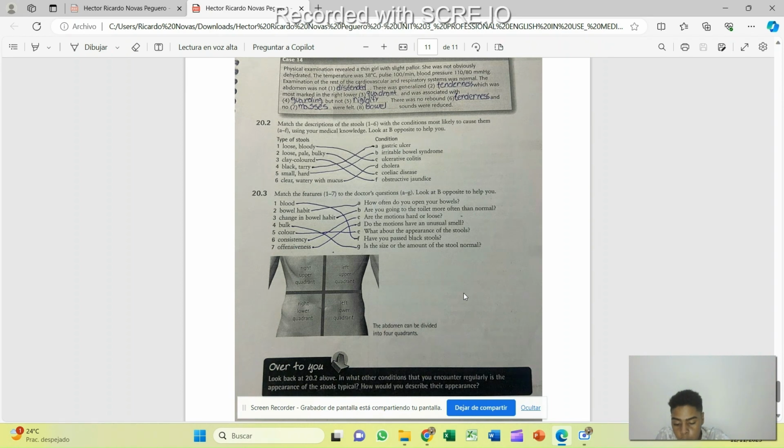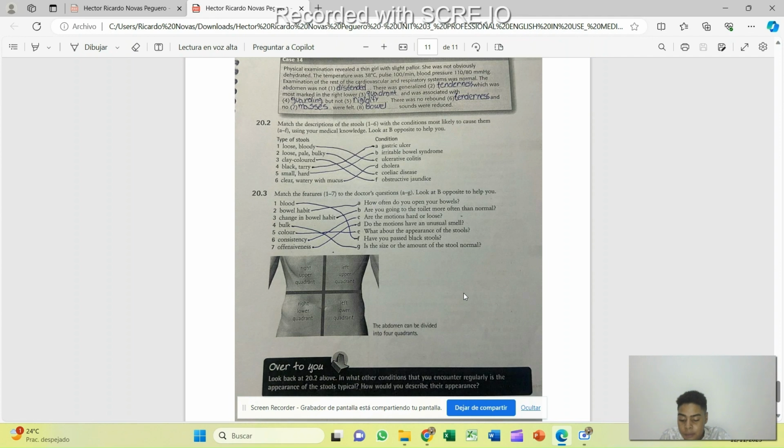Loose, bloody: C, ulcerative colitis. 2. Loose, bulky: E, coeliac disease. 3. Clay colored: F, obstructive jaundice.